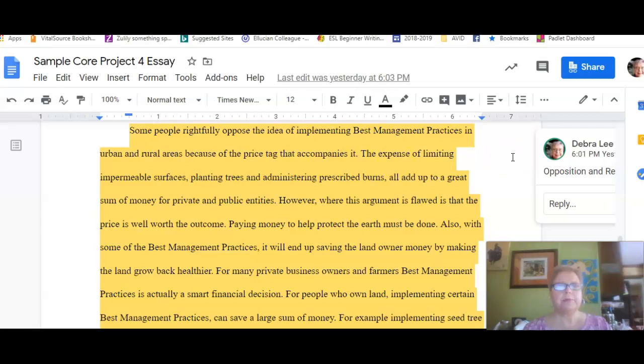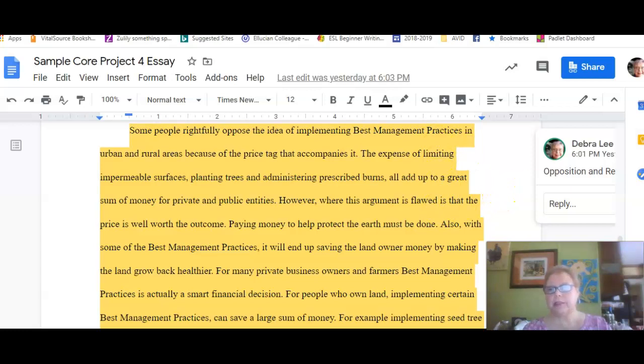But using language such as "some people," or "there are those who oppose this idea because it's too expensive." However, you want to express it in your own words. It lets your reader know, okay, here is somebody who's opposed to this.